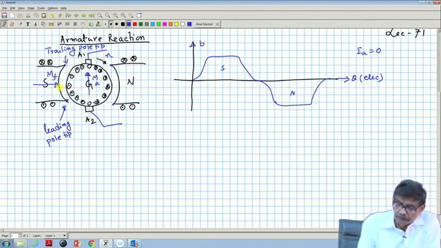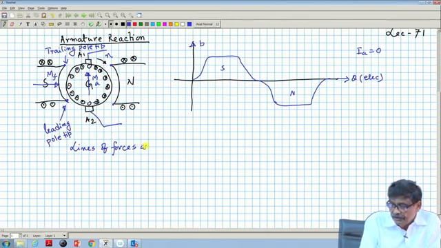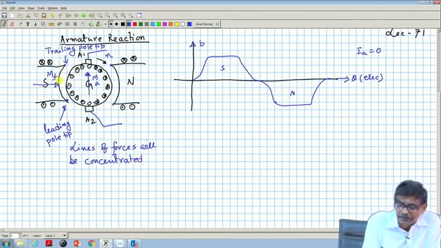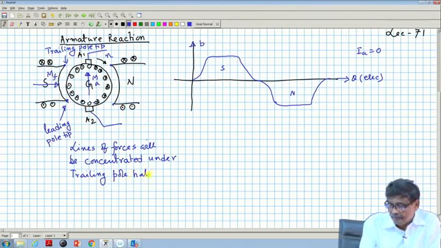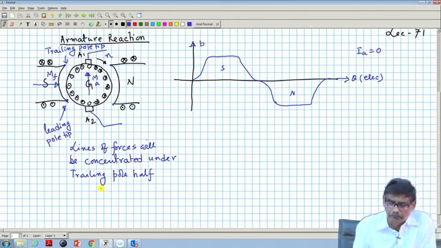Therefore, in case of generator mode, remember, lines of force will be concentrated in the trailing pole half. This can be called the trailing pole half, this is the leading pole half. Lines of force are concentrated under the trailing pole half, and it will be rarefied under the leading pole half, we know that.